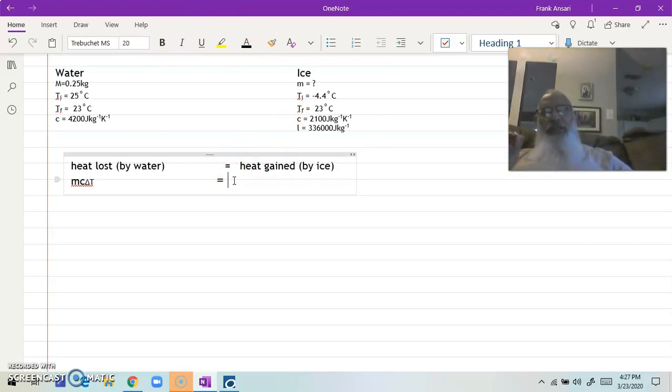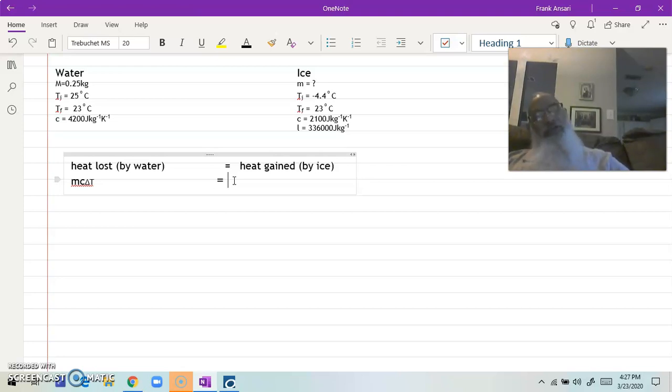So think about this. First of all, its temperature is negative 4.4. At that temperature, ice does not melt. Remember that melting point of ice is 0 degrees Celsius, which means that when its temperature is negative 4.4, first of all, it will acquire energy and its temperature will rise to 0 degrees Celsius.